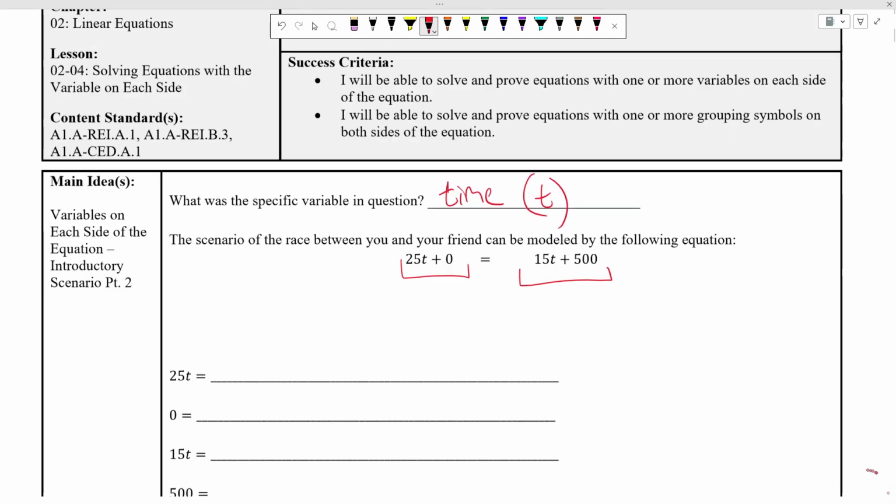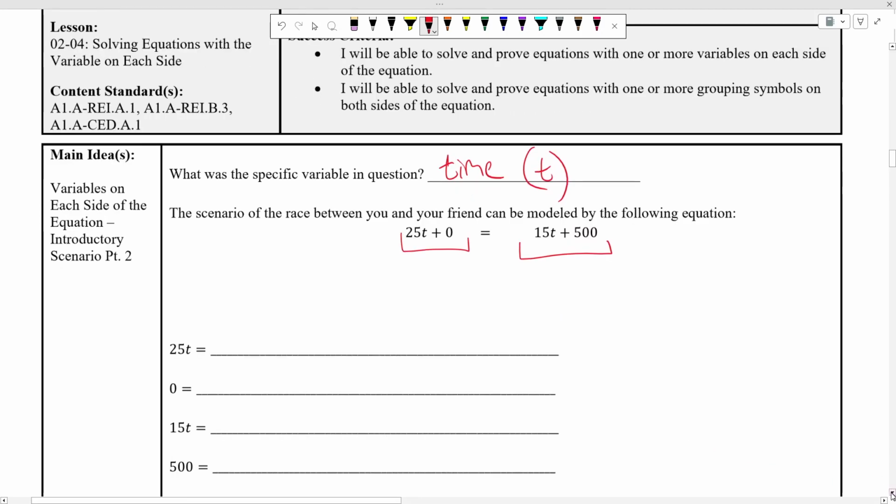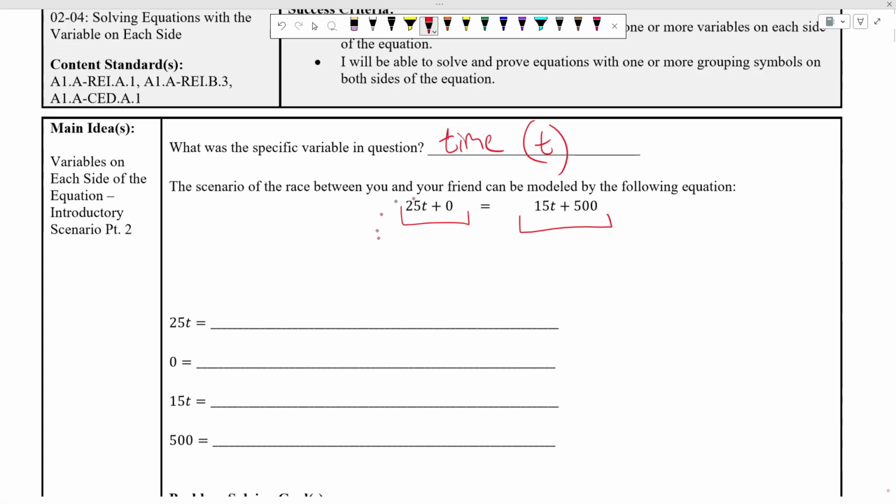So if I look at each component, each element, each term of this model of our real life scenario, 25t. Well, if I think about it, 25t, from the problem, you can remember, was the speed of the fast friend, which in this case happens to be you.